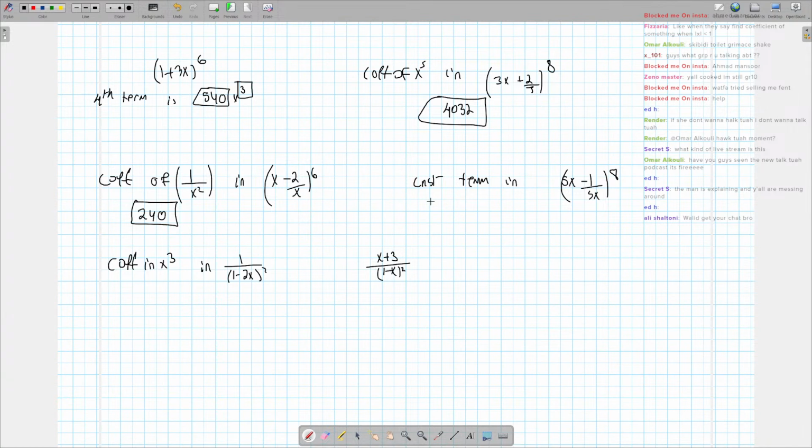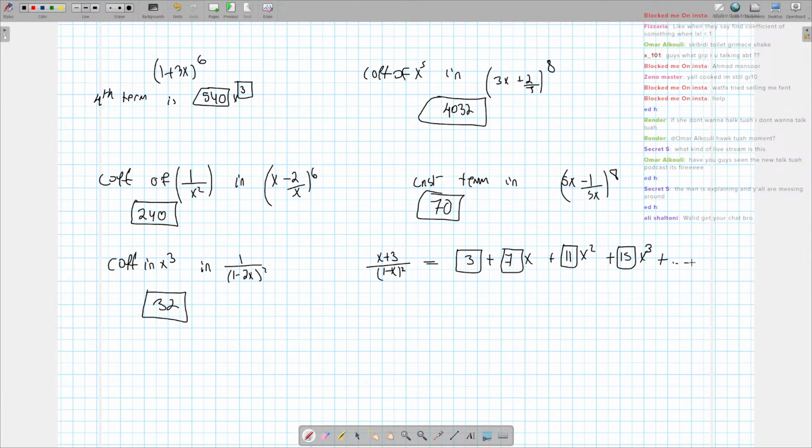Here it's 70. Here it's 32. And here it's 3 plus 7x plus 11x squared plus 15x cubed, and then they put 3 dot dot dot.